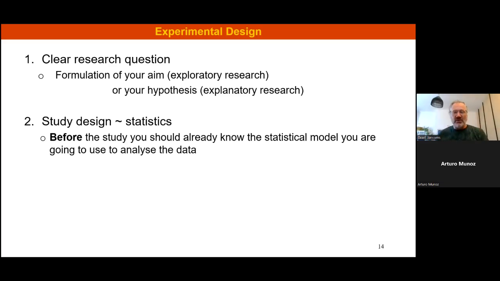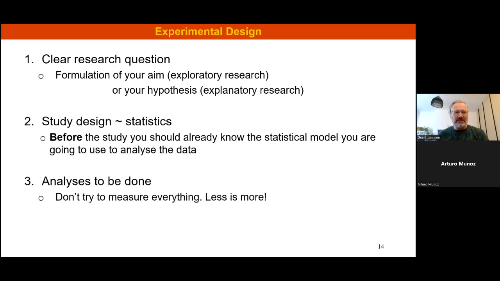If you're not acquainted with that, just ask help from people you might know that have some background in statistics. And then, of course, think which analyses need to be done. Don't try to measure everything. I do a lot of reviews for several journals, and what I very often encounter is that people have a machine in their lab, for instance for blood analysis, and whatever they are investigating, they put the blood samples in that machine.